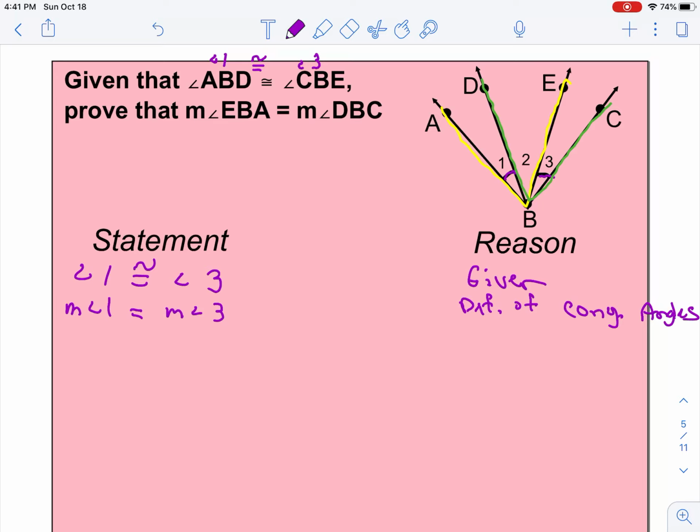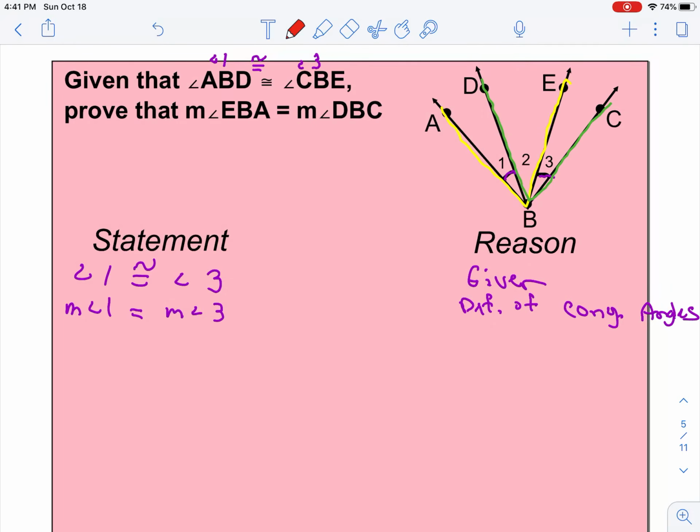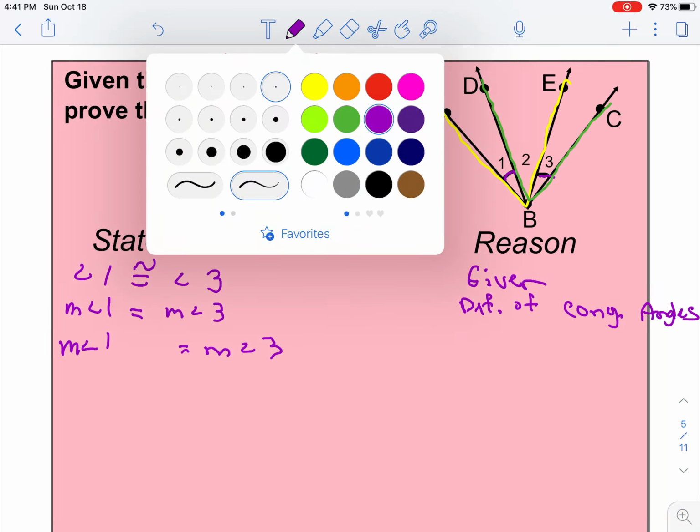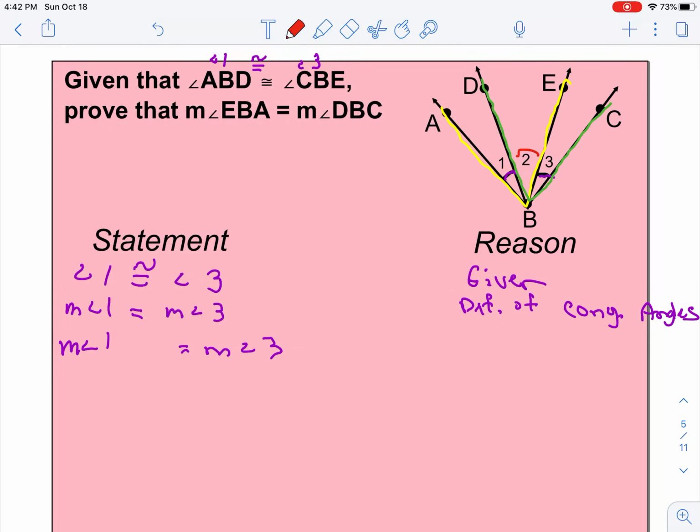So now this step is a little interesting, but what we can actually say here is we can take that original statement, the measure of angle 1 equals the measure of angle 3, but what we could do is add an equal amount. And angle 2 right here is an equal amount, okay?